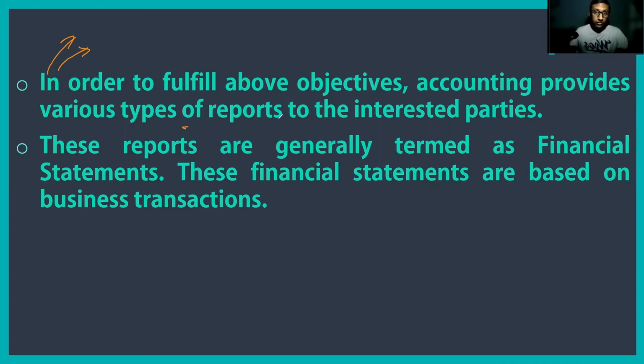Number 1 is the income statement, right? In Sinhala we say Adayam Prakasha. And number 2 is the statement of financial position, SOFP. When you come to grade 11, you will definitely learn this.